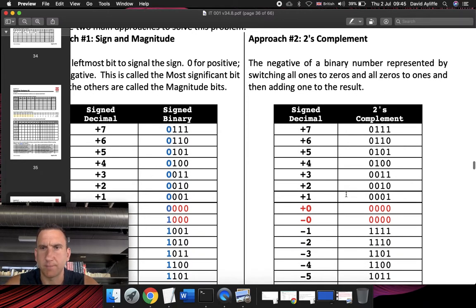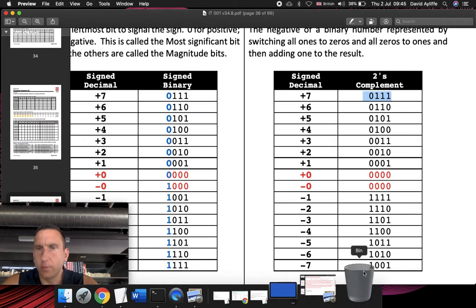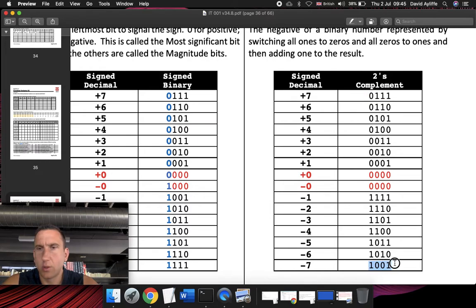Wow, what does that mean? So, for example, 0, 1, 1, 1. We switch all of the 1s to 0s and all of the 0s to 1s. So 0, 1, 1, 1 becomes 1, 0, 0, 0. Then we add 1 to the result.